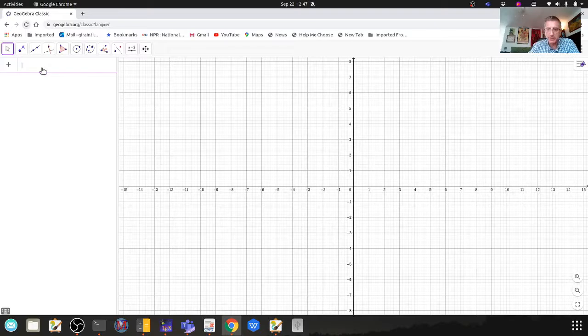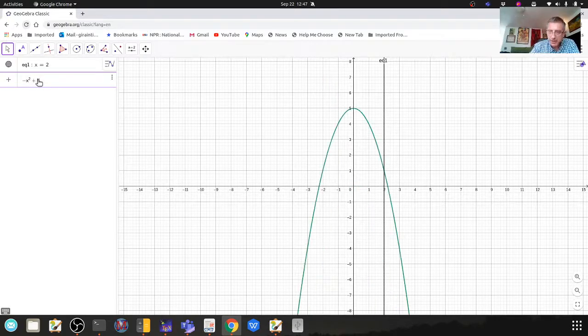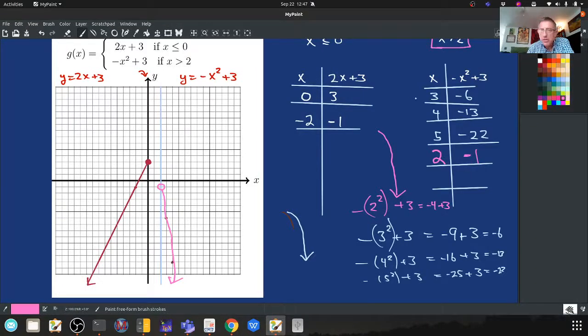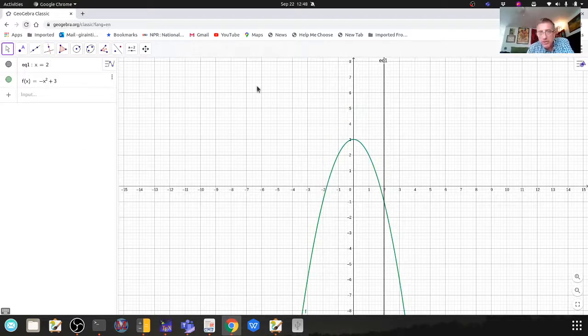So I'm going to draw 2 lines. x is equal to 2, and the next one is going to be minus x squared plus 3. I just typed it in wrong. There we go.